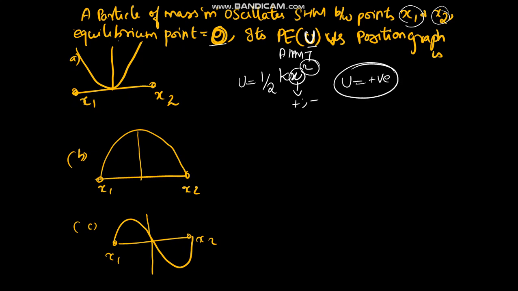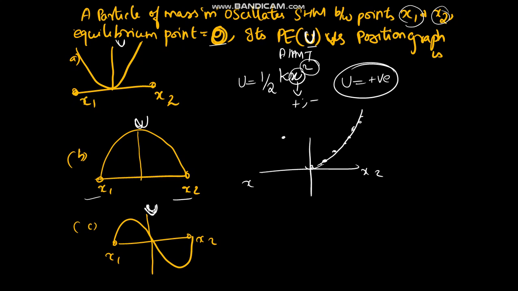So here we are taking potential energy along the y-axis and position along the x-axis. Whatever value of x you take, it will always be positive. Let this be x2, this be x1. Whatever be the value of x2 you take, as you increase the value, potential energy will also increase.